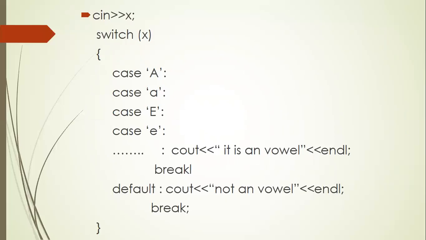Like that you can check it, but here I give only two. Then I, capital I, small i, capital O, small o, capital U, small u. If it matches any of these 10 letters, then you print the message 'It is a vowel'. Otherwise, you display the message 'It is not a vowel, it is a consonant'. So x, in the case of this example, is a character constant.